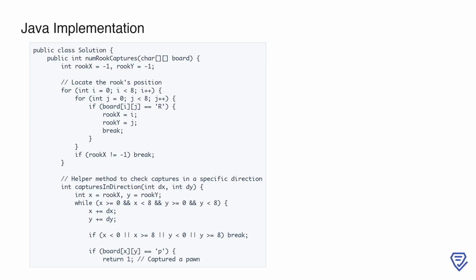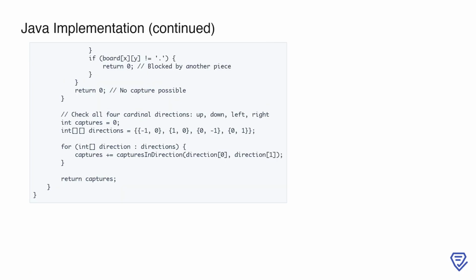If the position contains a pawn, denoted by p, we return 1, indicating a capture is possible. If the current position contains any other piece, meaning it's not empty, we return 0 because the rook's path is blocked. If we exhaust all positions in the given direction without encountering a pawn or an obstruction, we return 0 as no capture is possible in that direction.